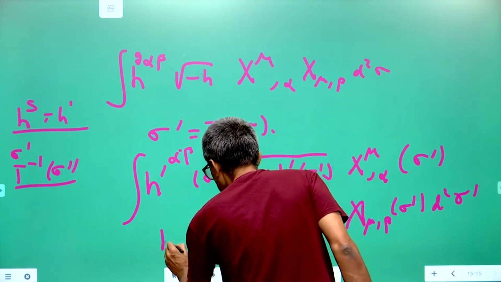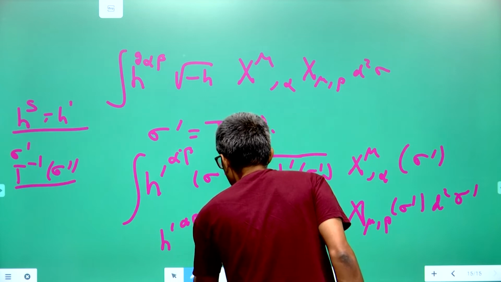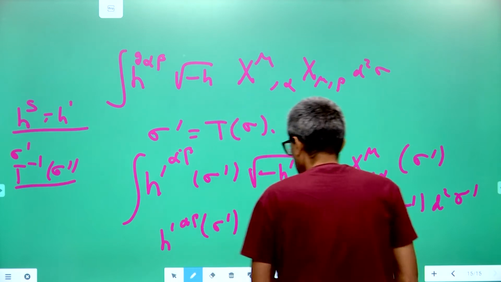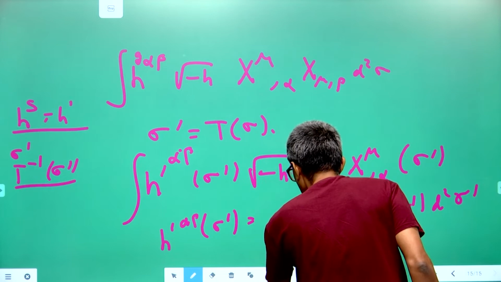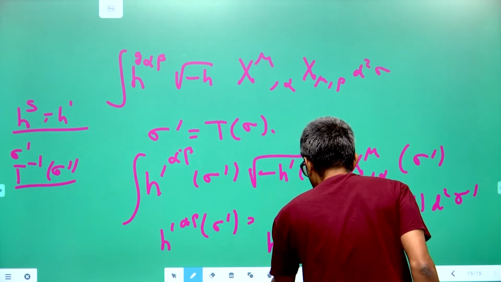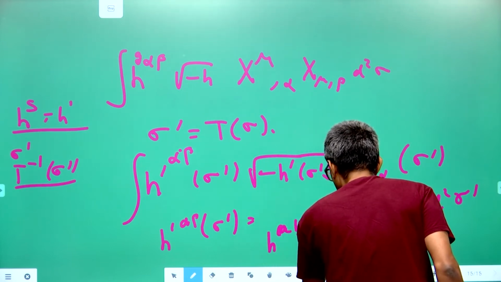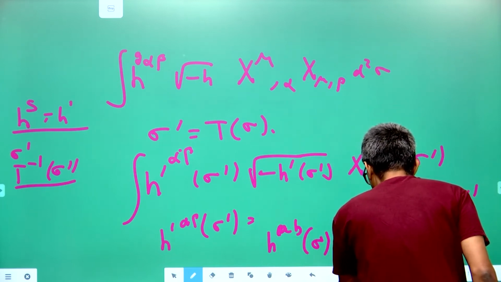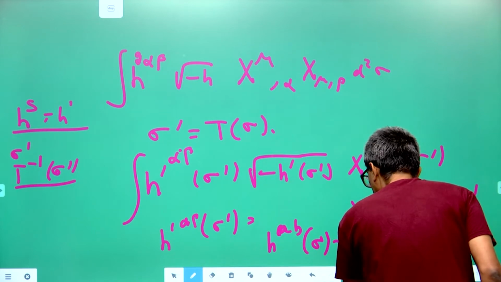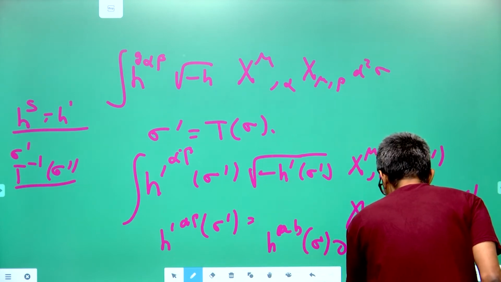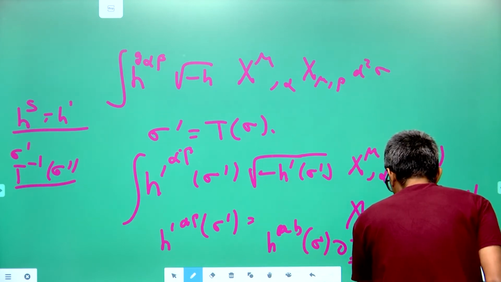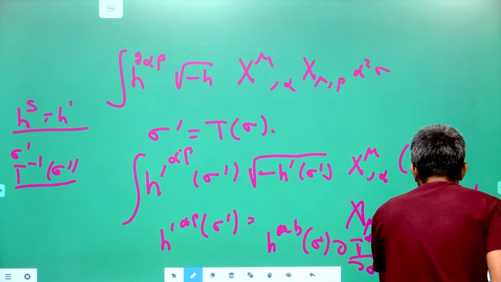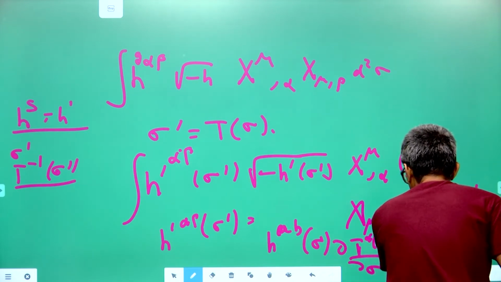This h dash at alpha beta at sigma dash is nothing but h, let us say h a b at sigma into dou T alpha sigma by dou sigma a, dou T beta sigma by dou sigma b, right.